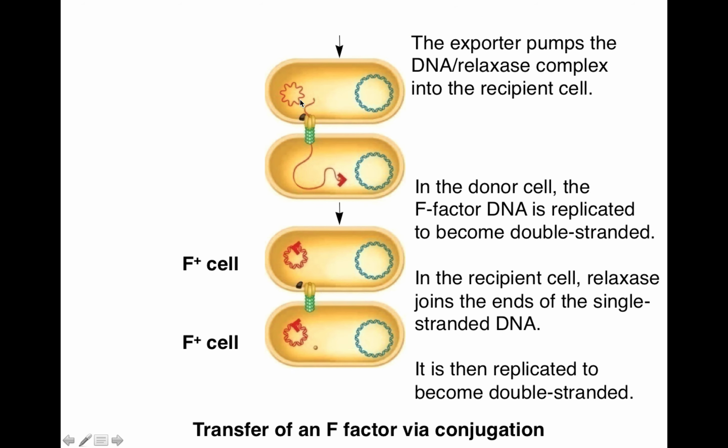The exporter pumps the DNA relaxase complex into the recipient cell, and after the transfer is completed, both of these single strands become double-stranded. It's replicated in both cells, and now you have two strains that are F plus. They both contain an F episome. We're going to look at some permutations of that in the next talk.